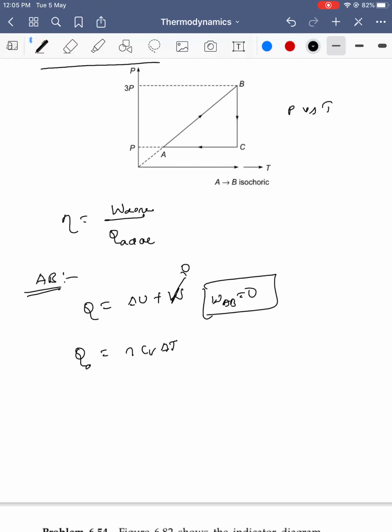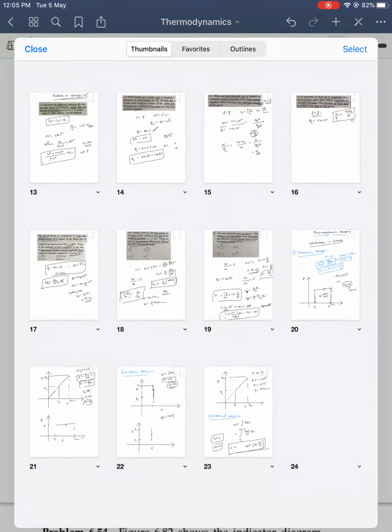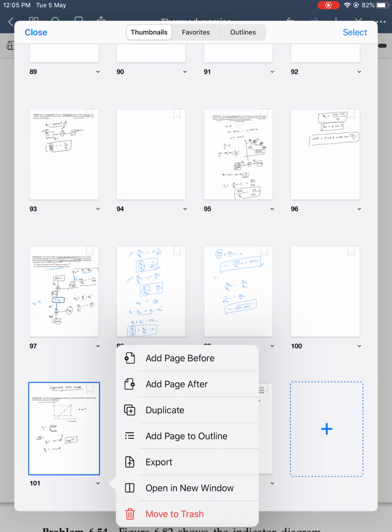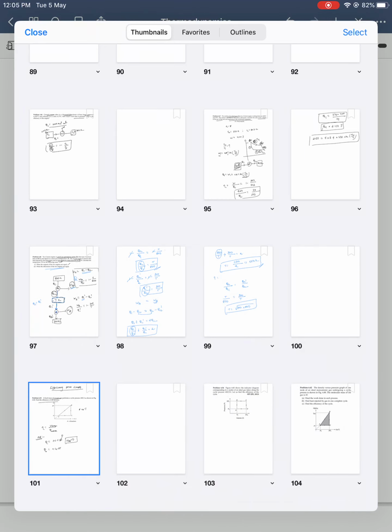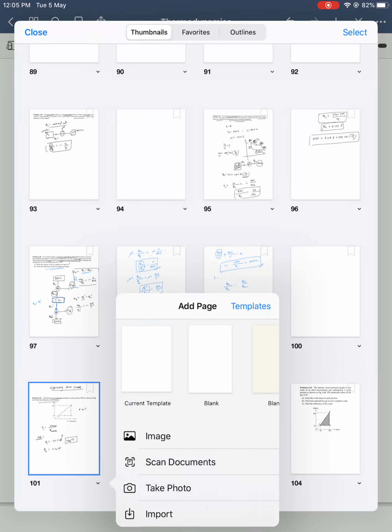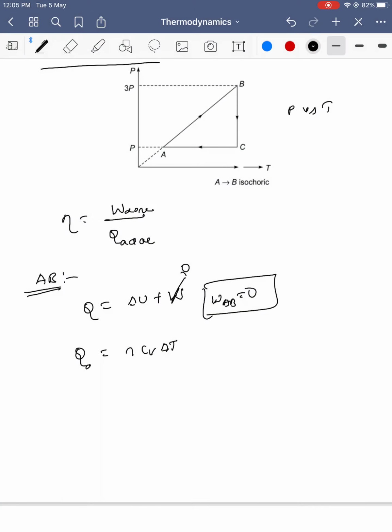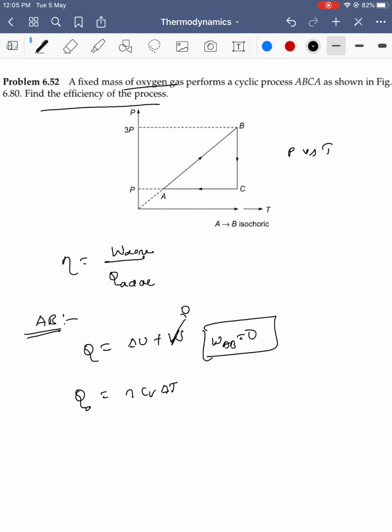So CV into delta T. How to get the value of delta T? Let's assume one temperature TA here. Because we don't have any other relations, it's an isochoric process, volume remains constant.